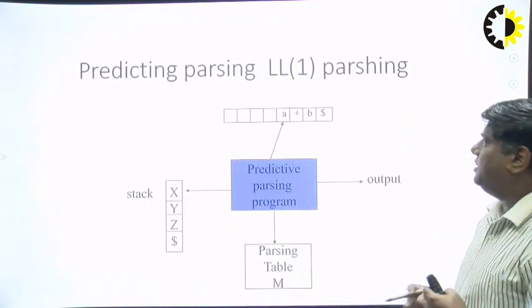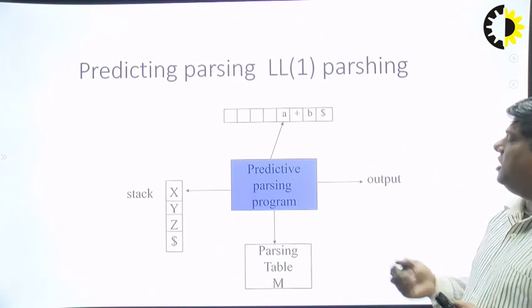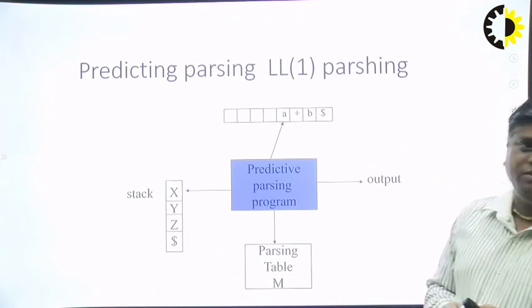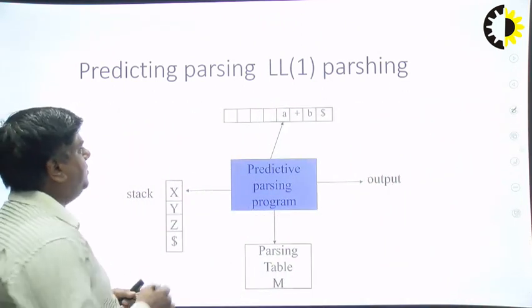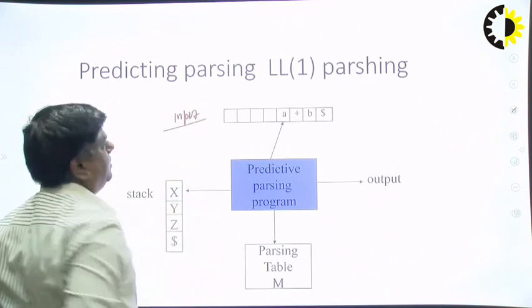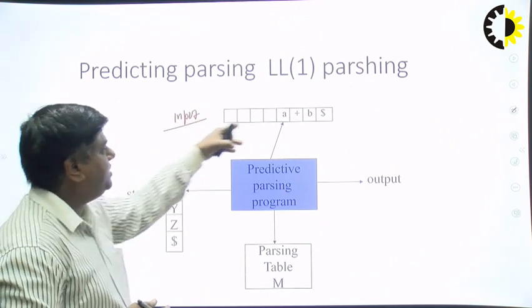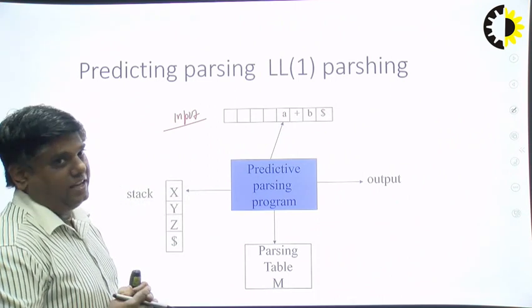Now this is the basic structure of predictive parsing, also known as LL1 parsing. In LL1 parsing, we need the input. In this step, we feed the input of the grammar or the input of the language.